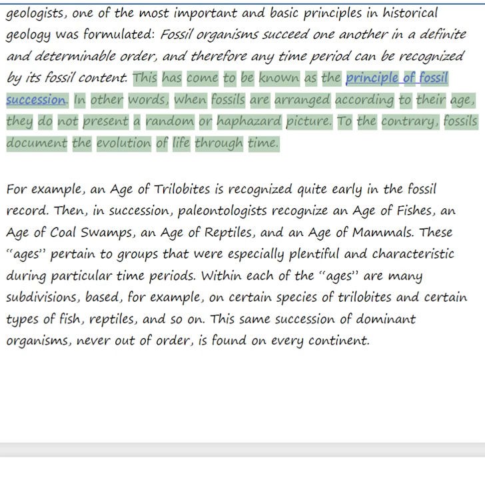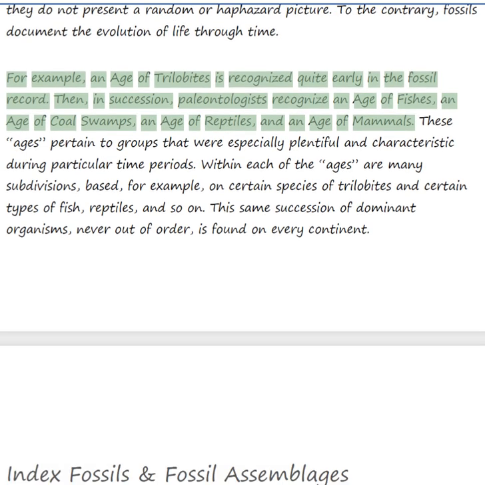In other words, when fossils are arranged according to their age, they do not present a random or haphazard picture. To the contrary, fossils document the evolution of life through time. For example, an age of trilobites is recognized quite early in the fossil record. Then, in succession, paleontologists recognize an age of fishes, an age of coal swamps, an age of reptiles, and an age of mammals.